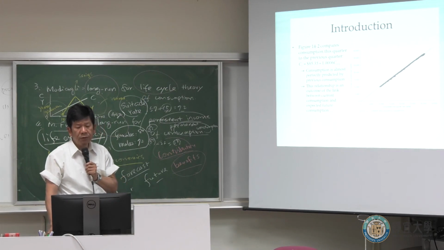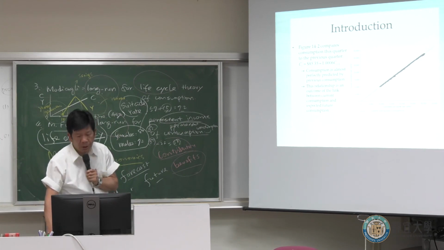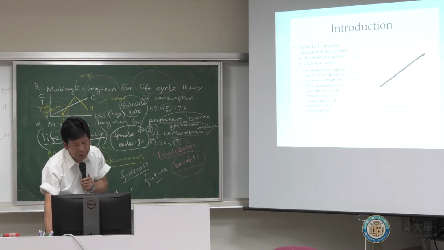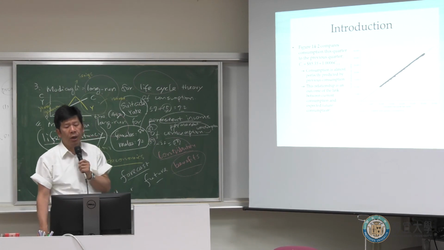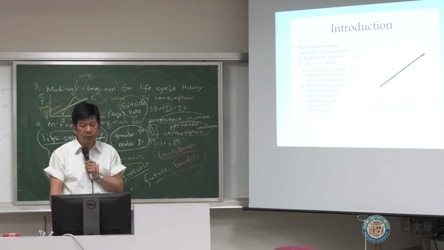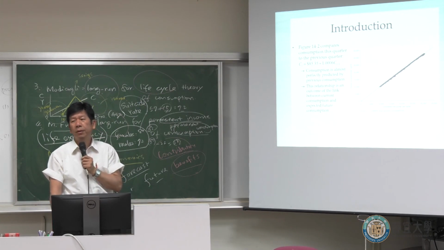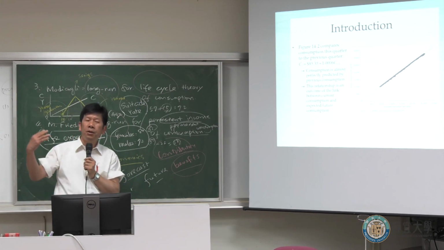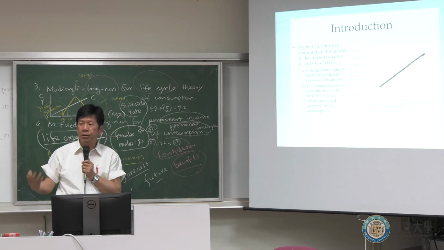They concern themselves with current consumption or future consumption. I'm not sure about your personal idea: do you prefer current consumption or future consumption? You want to enjoy it first or you want to enjoy it later.